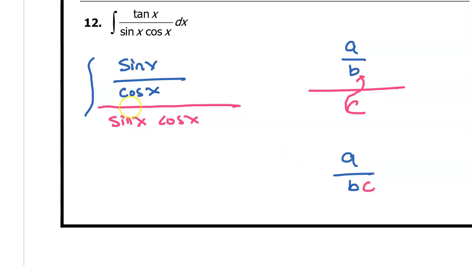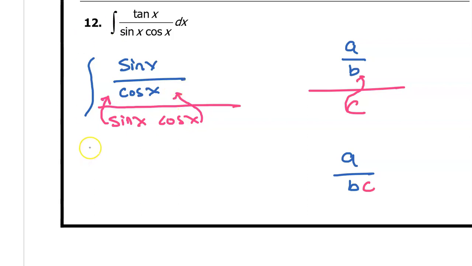That's what I'm going to do here. I'm taking this fraction, like my a over b, and I'm dividing it by sine and by cosine. Just like the c came up and joined the denominator, the sine and the cosine are going to join the denominator.